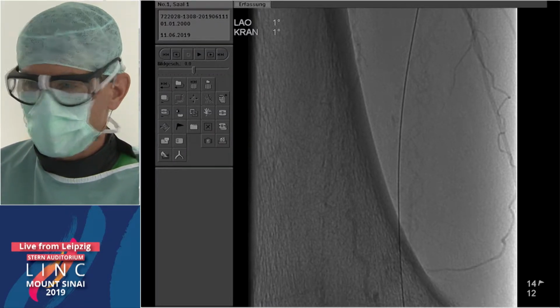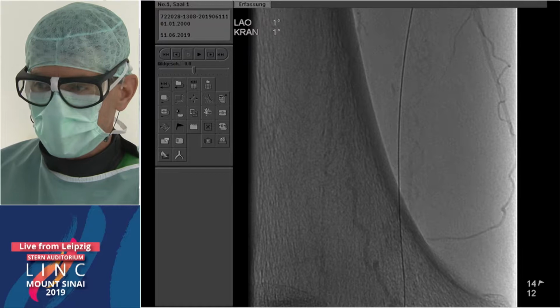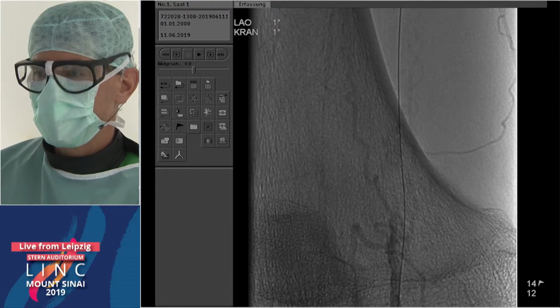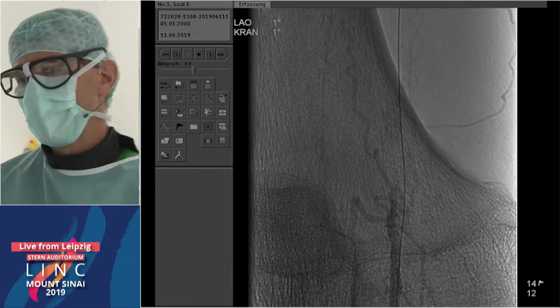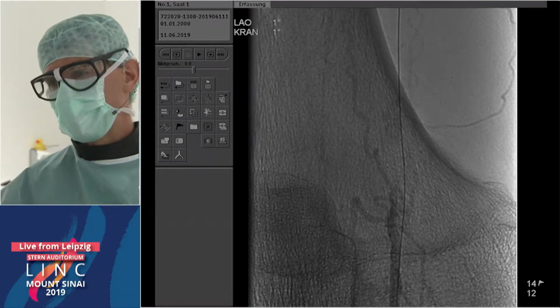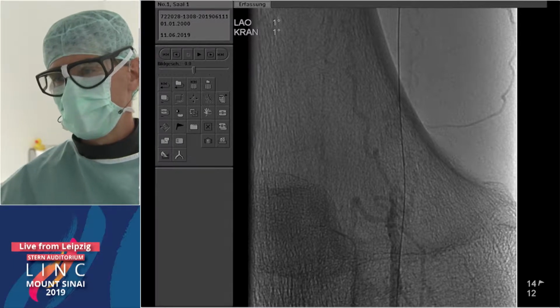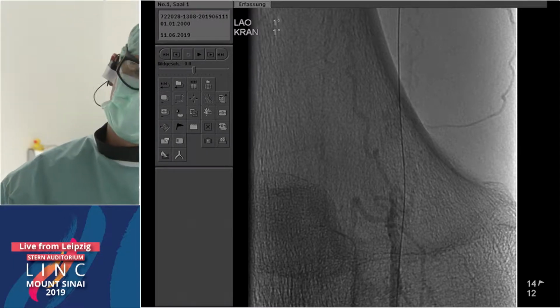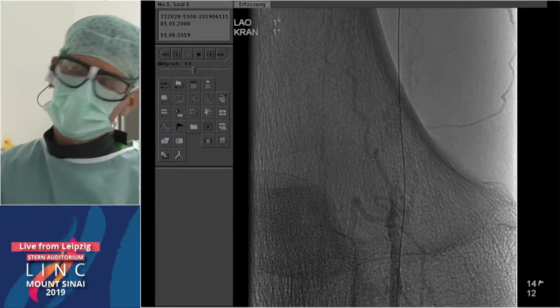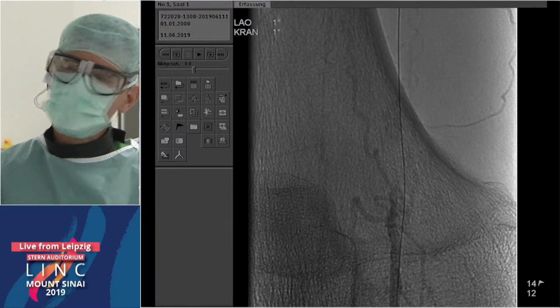I tried to show you here, magnified, going around that plaque distally. We probably re-entered maybe a centimeter or 1.5 distal to the reopening of the artery. Yeah, but however, always we are going some way around the plaque.